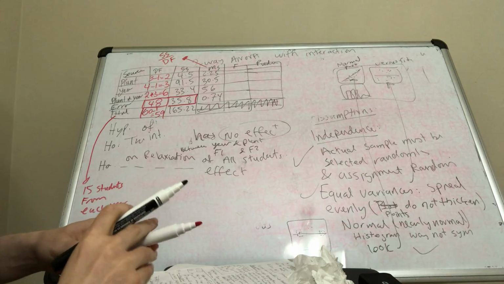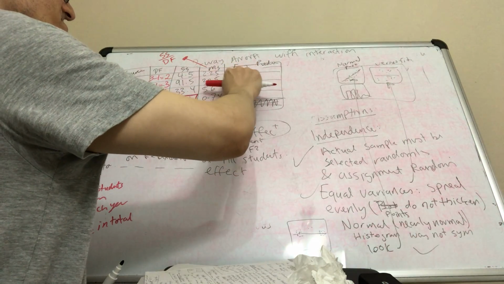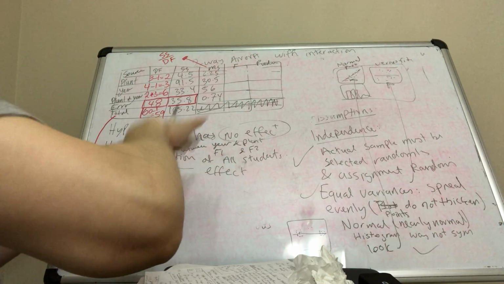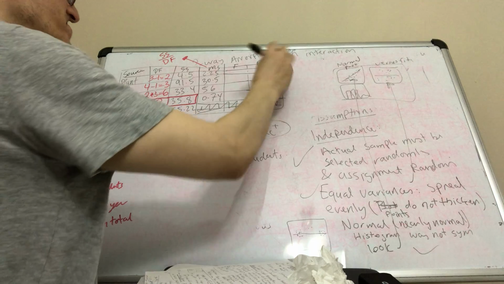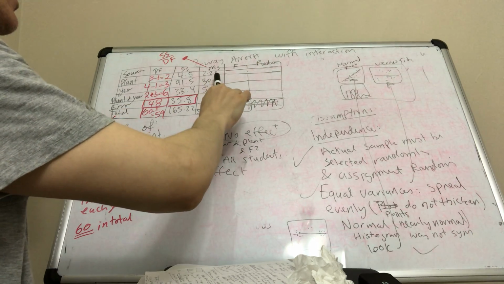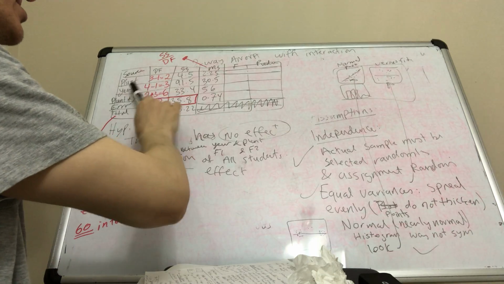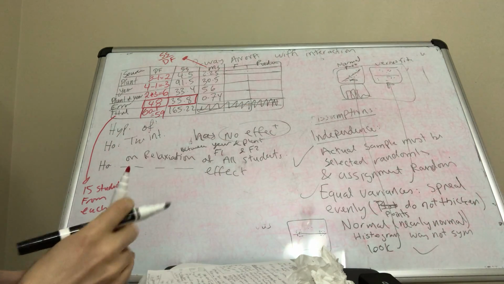Now you go to the F. Now here, there are three F's to worry about. There is an F number for plant, there is an F number for year, and there is an F number for interaction.